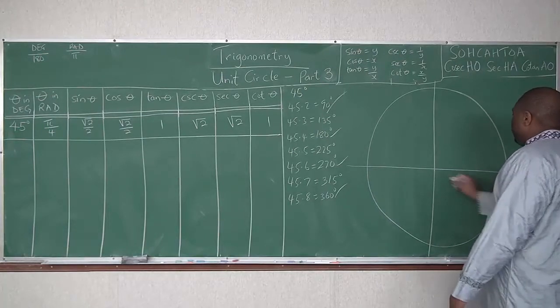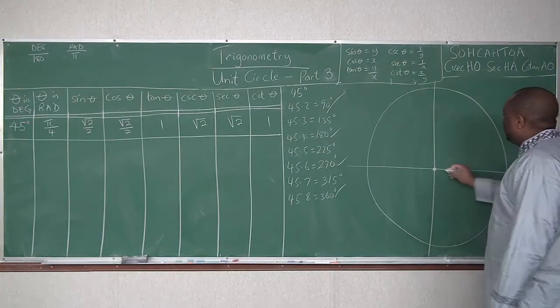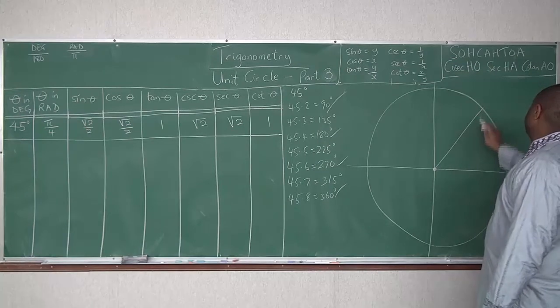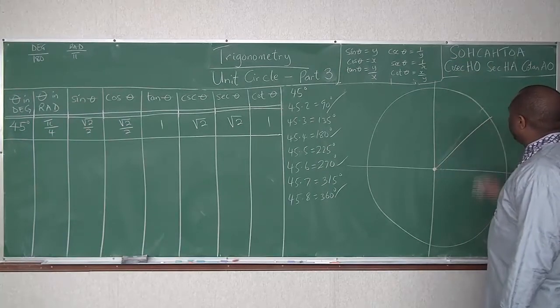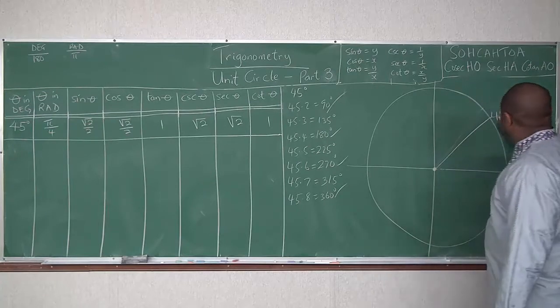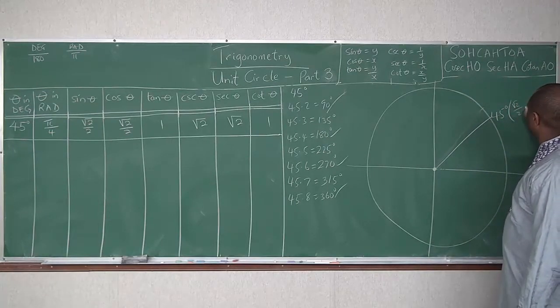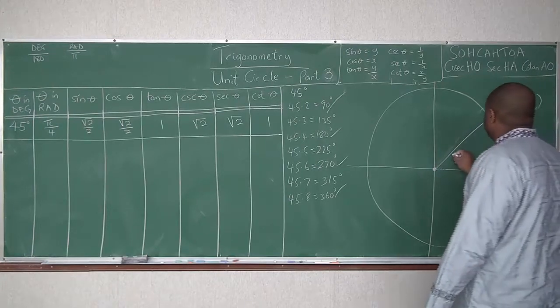This is still the origin. This is 45 degrees. And we found this to be what? Root 2 over 2, root 2 over 2. Right? So this is 45.